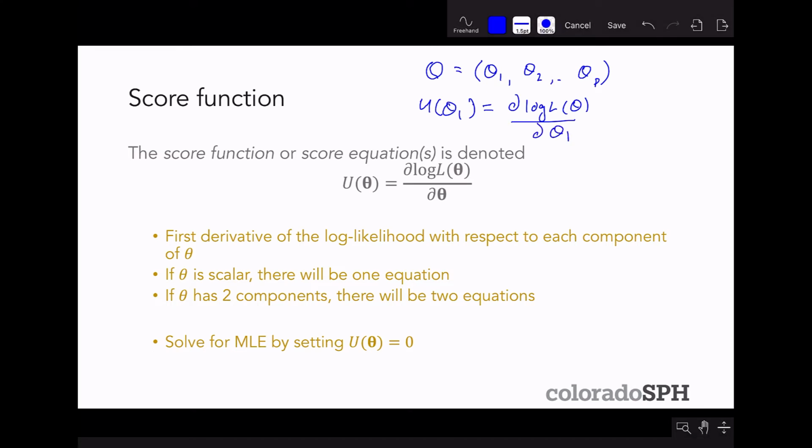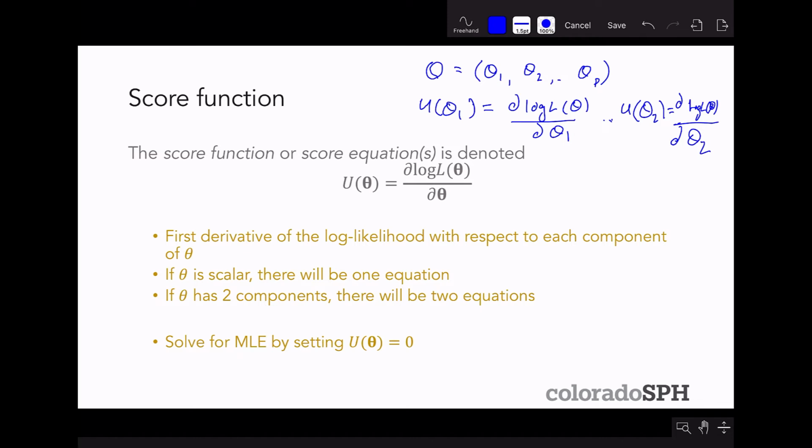The second one is U(theta 2), the partial derivative of the log likelihood of theta with respect to theta 2, and so on up to theta p.